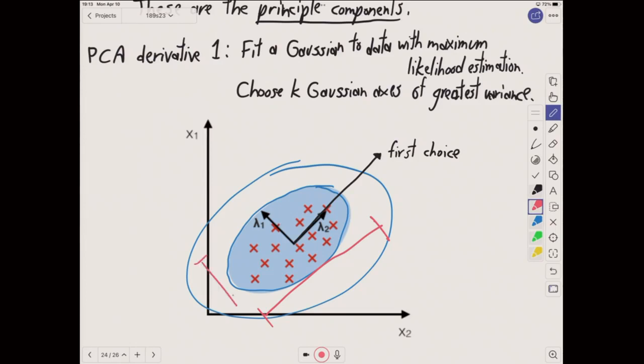The other component expresses less variance. So V2 will be our first choice. V1 is our second choice here. We can project this data down to 1 dimension. We project it onto V2.